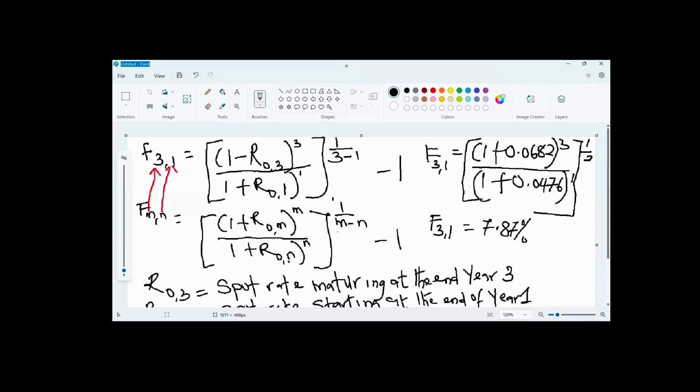The 2 years forward rate at the end of year 1 is 7.87%. Your answer, you are going to minus 1 here. Your final answer, you are going to deduct 1 here.